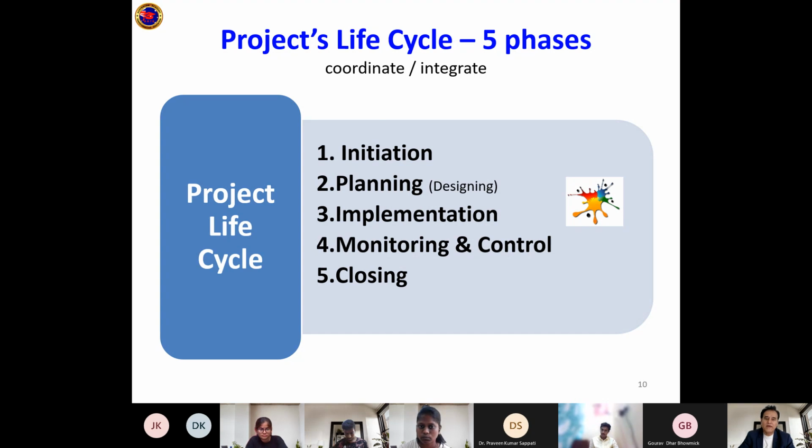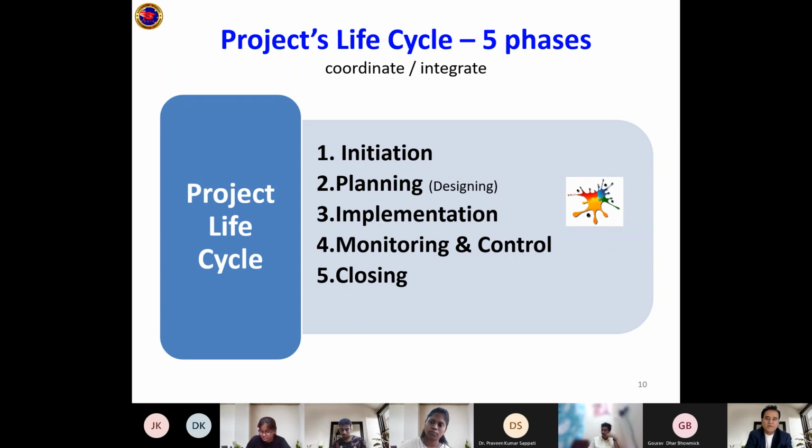I'll stop here, and I want you all to remember, in any interview, if anyone says, what have you learned in project management, the first answer which should come to your mind is, I have learned 5 phases of project and 10 functions of a project manager. The moment you say this, the interviewer knows that you've gone through a project management course and you can deliver any project.